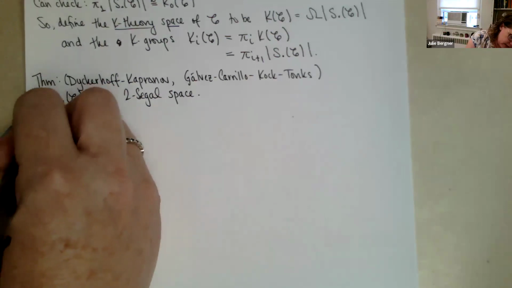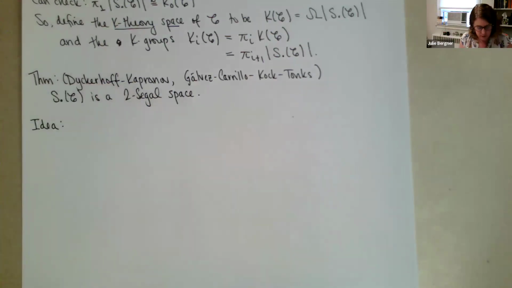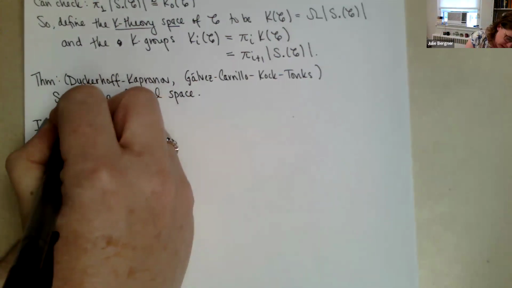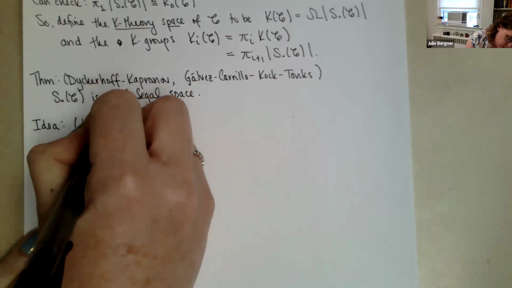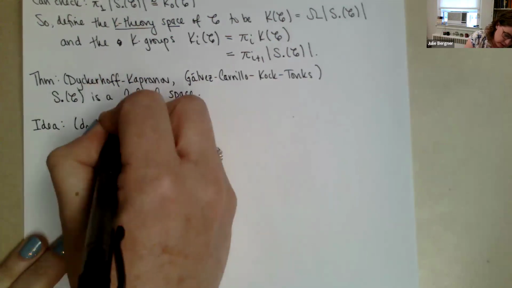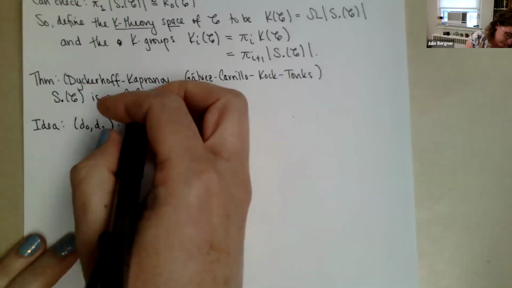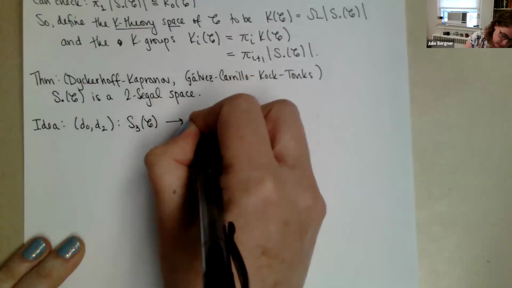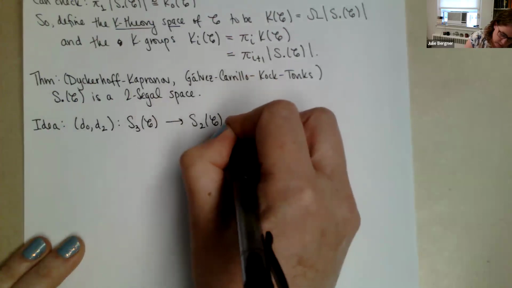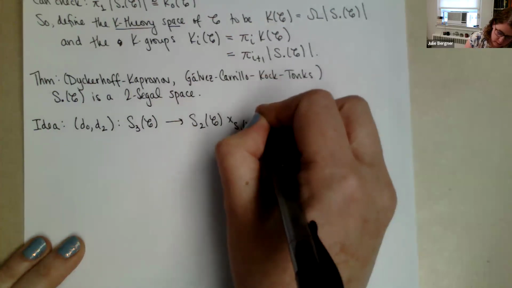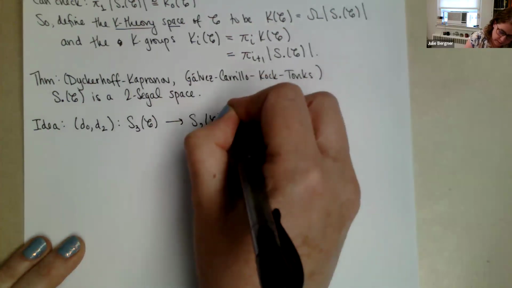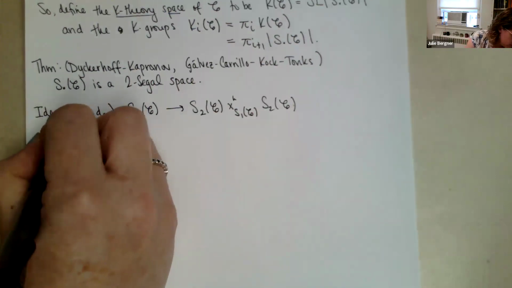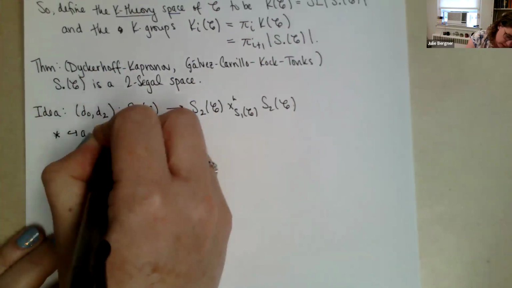So let me give you an idea. Let's just look at one of the 2-Segal maps. This is why I reminded you of one of them at the beginning of the talk. So let's check why this would be. So let's look at this D0, D2, and we're going to think of this map from S3 of C to S2 over S. All right, so a 3 simplex, according to our definition, looks something like this.